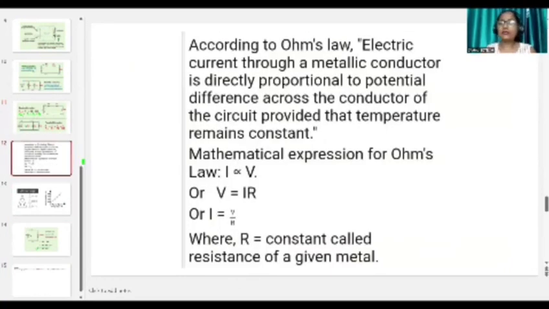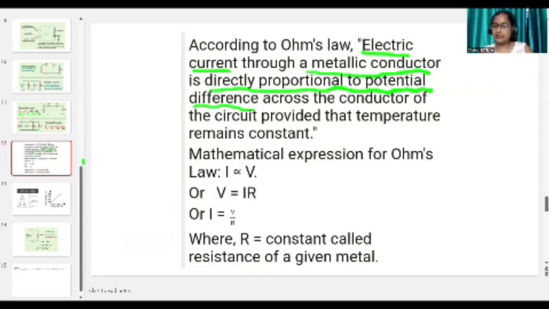Now, we are going to study Ohm's law. Now, what does Ohm's law say? Ohm's law says that the electric current, okay, passing through a metallic conductor is directly proportional to the potential difference. Directly proportional means if the potential difference increases, electric current will also increase.